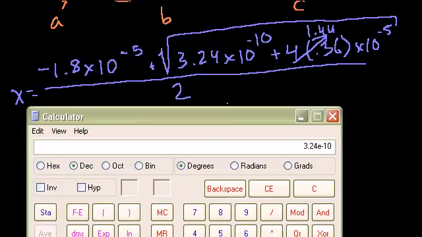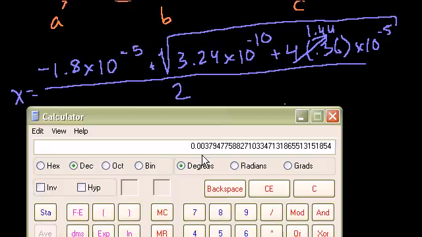That's that. Plus 1.44 times 10 to the minus 5 is equal to that. So that's this whole thing under the radical, and I want to take the square root of that. And so that is to the 0.5 power.